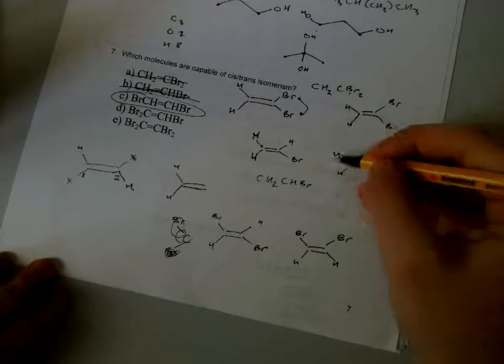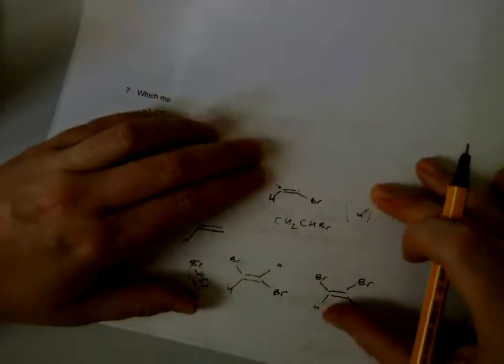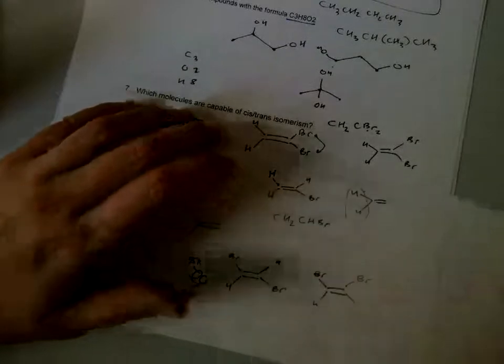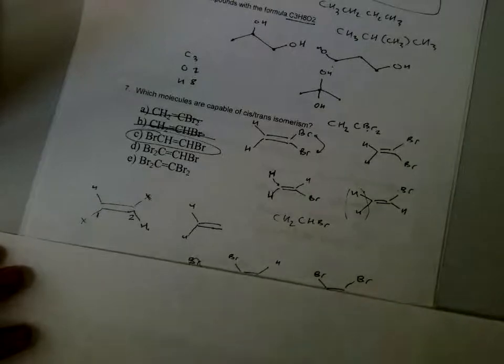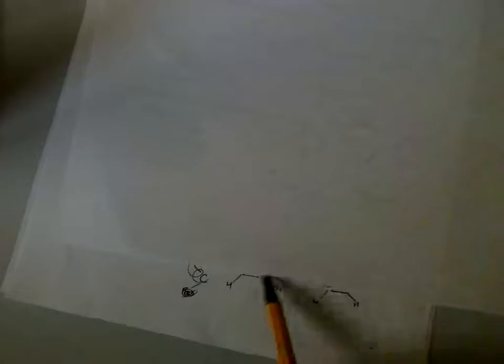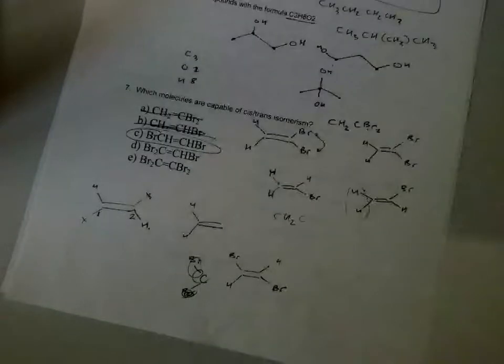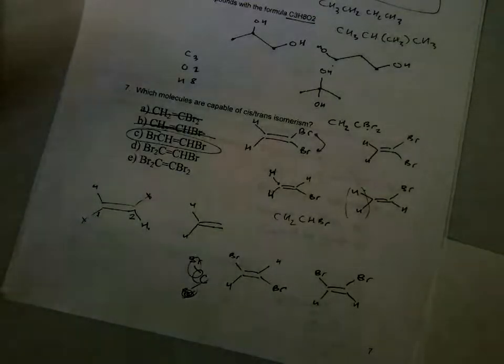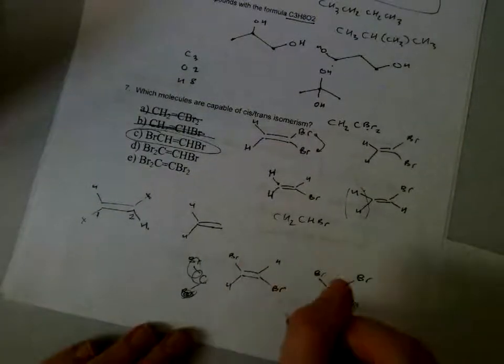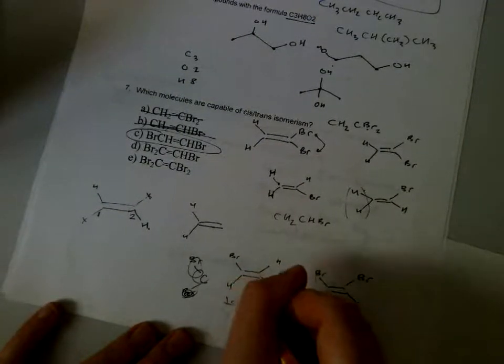If I cover it up, you always get an H and a Br on this side of the double bond, no matter how you change it. This one, you get an H and a Br on one side of the double bond and two bromines or two hydrogens on the other side. So breaking the bond and swapping it out on one carbon or the other does make a change. So this is cis, and this is trans because they're opposite.